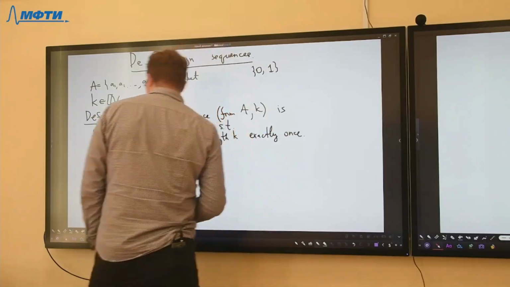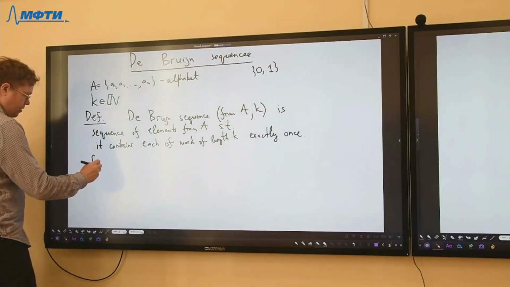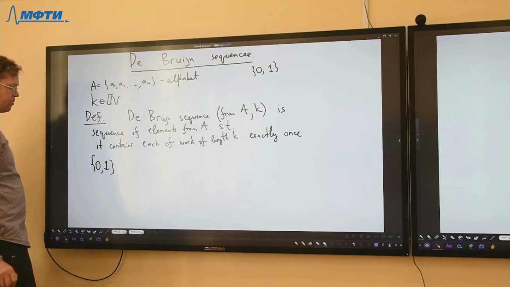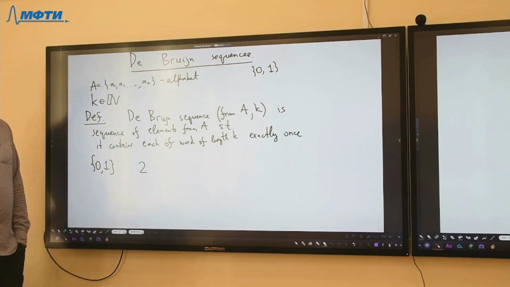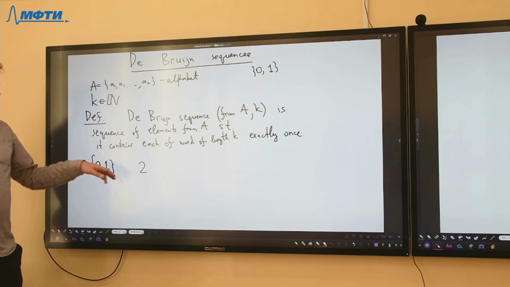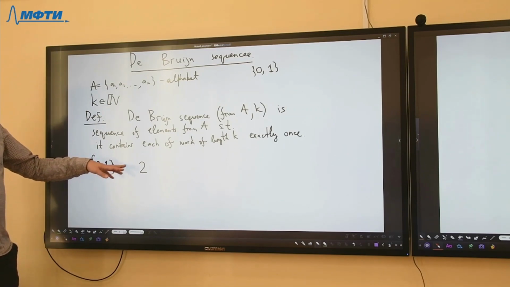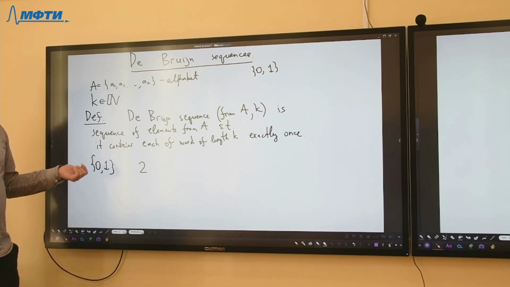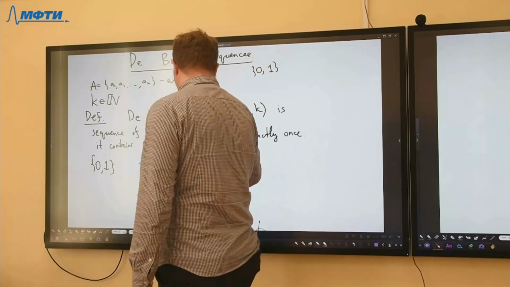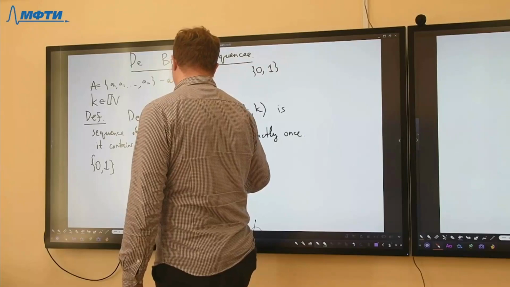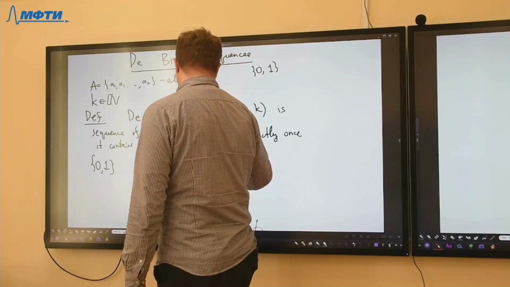So for example, we fix the alphabet with just 0 and 1, and we want to write a sequence which contains all words of length 2 exactly once. So this would be 0, 0, 1, 1.